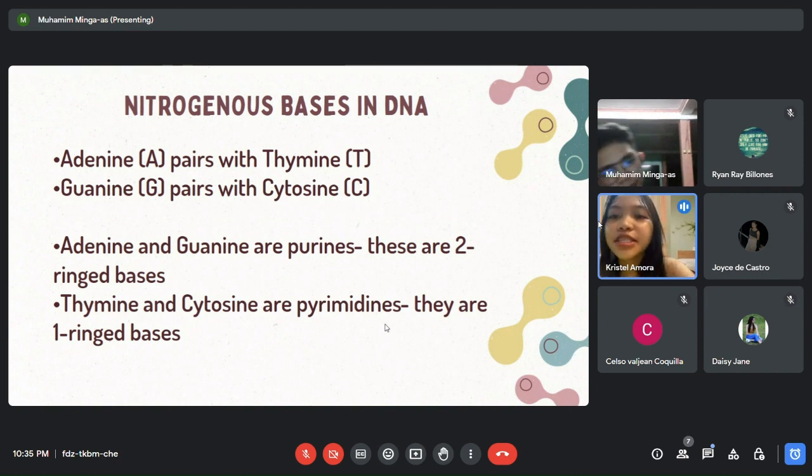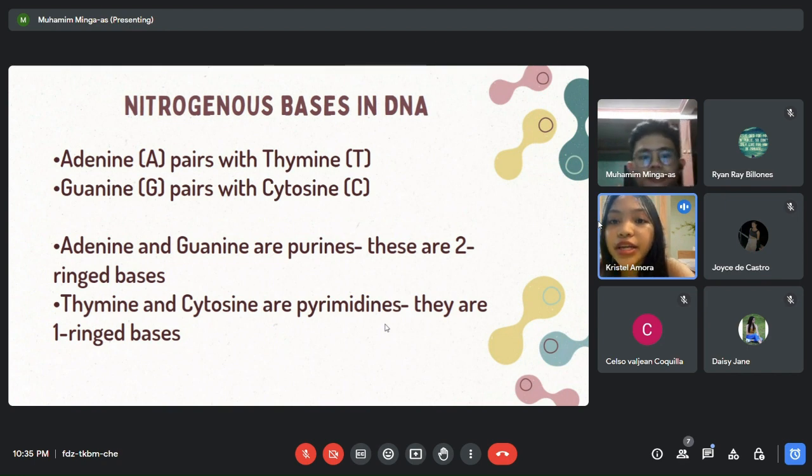Nitrogenous bases in DNA. Nitrogenous bases are molecules that contain nitrogen and have the chemical property of a base. The nitrogenous bases in DNA are adenine, thymine, guanine, and cytosine. Adenine pairs with thymine, while guanine pairs with cytosine. The pairing occurs because the complementary bases form hydrogen bonds with each other.